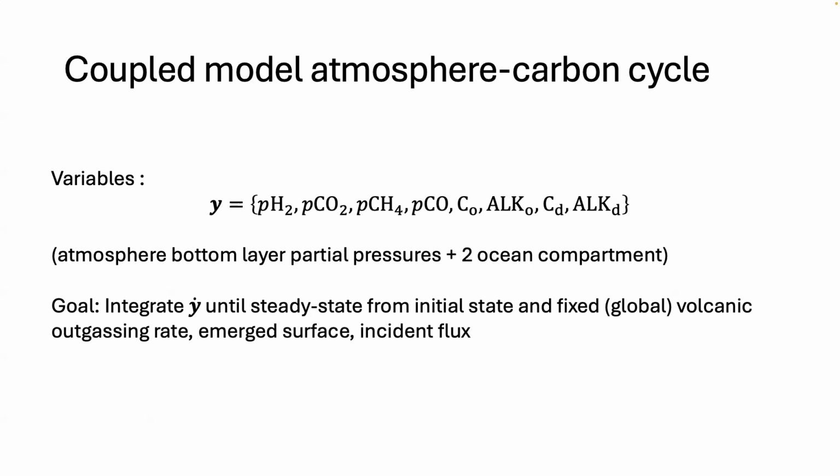Alkalinity is a complicated concept, but basically it measures excess positive charges that are delivered to the ocean. And we have two layers in our model ocean: an upper layer noted by O and a deep layer noted by D. And they mix together. And when I talk about the partial pressures of these gases, I'm really talking about the very bottom of the atmosphere, the first layer.